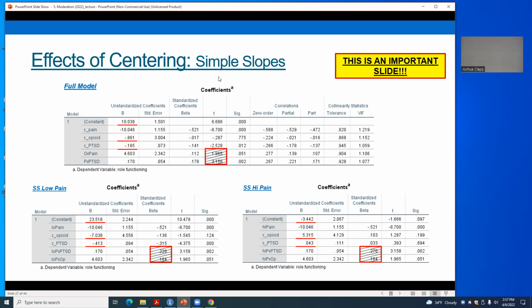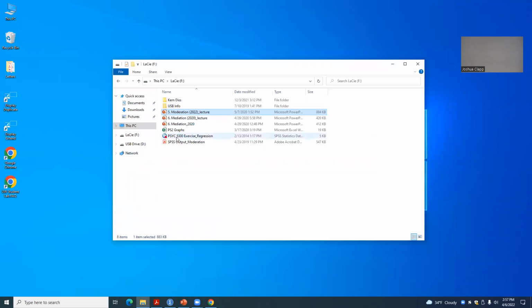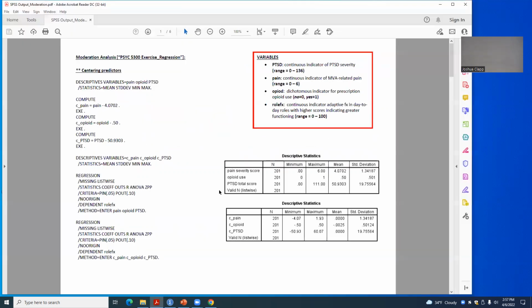All right. Let's jump into our actual SPSS file. Pull up and make sure that you have the moderation analyses worksheet that I had sent you. Not the screening, the output.